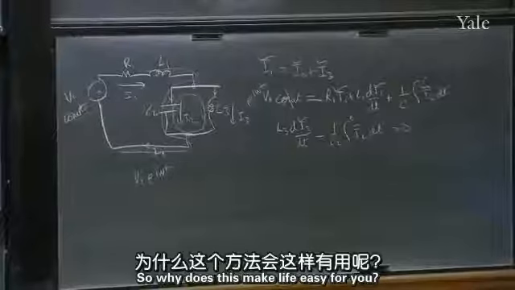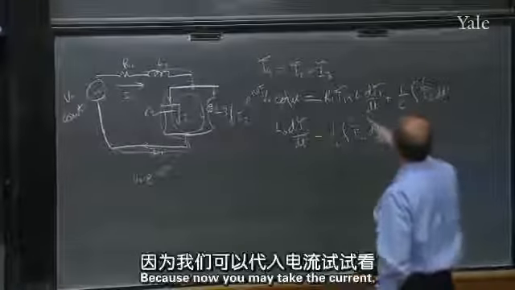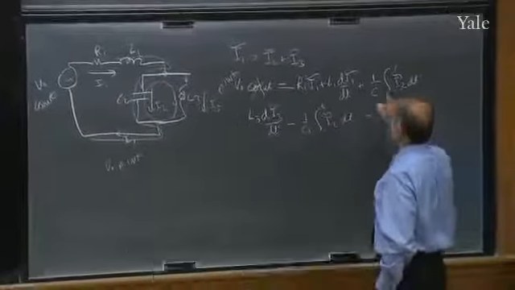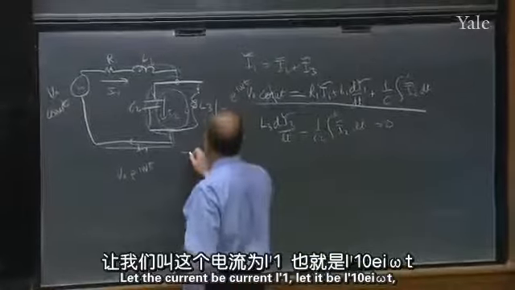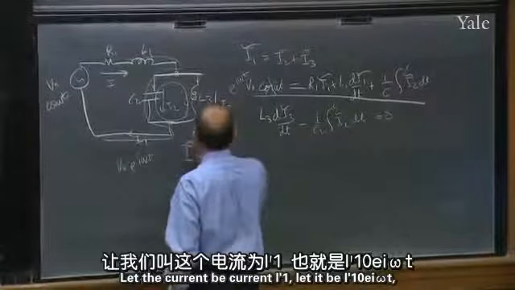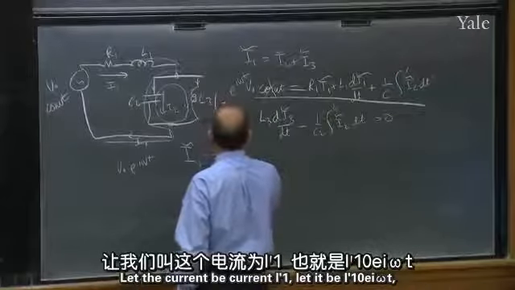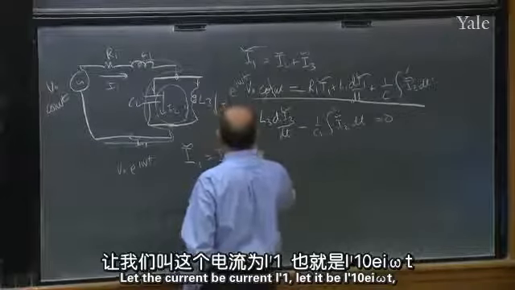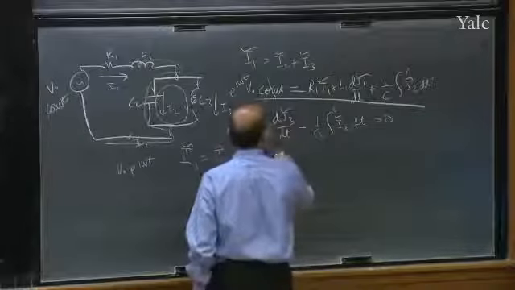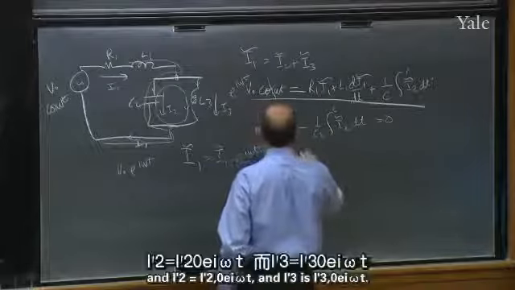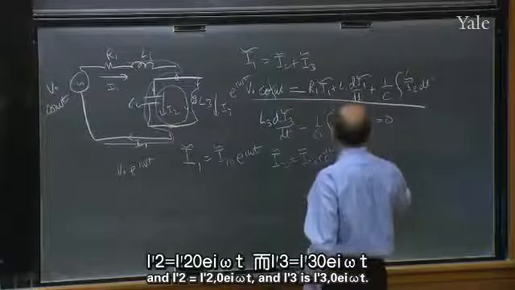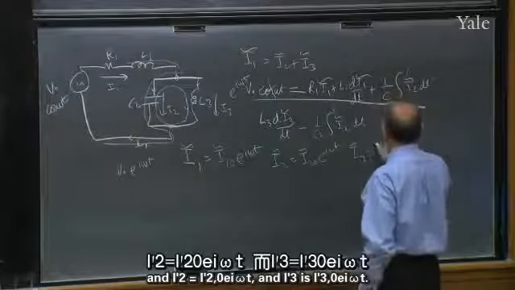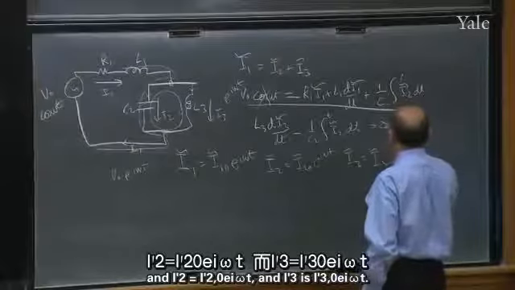So why does this make life easy for you? Because now you may take the current, and I'll just take one of these as an example. Let I1 twiddle be I1 twiddle 0 e^(i omega t), I2 twiddle be I2 twiddle 0 e^(i omega t), and I3 twiddle be I3 twiddle 0 e^(i omega t).